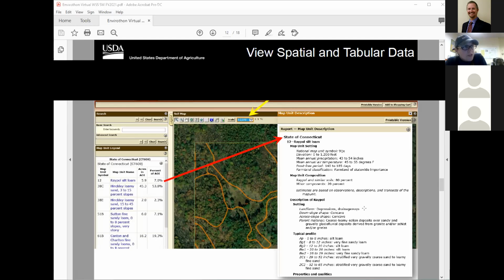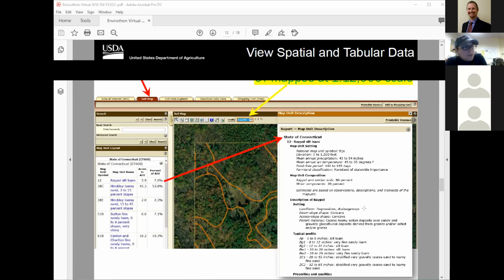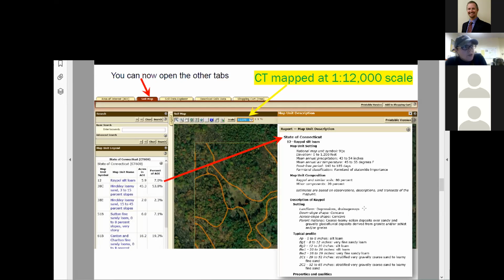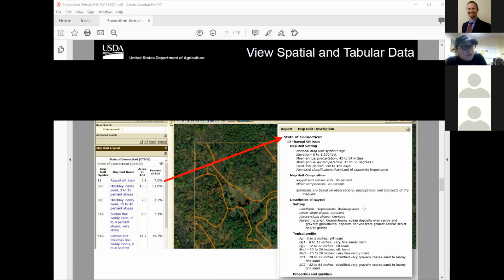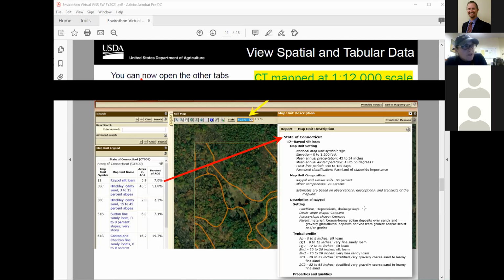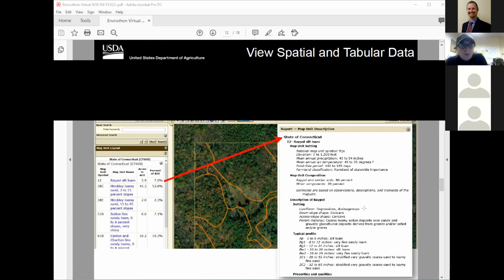Use the map unit description. The Rapel unit is opened up. I go down to typical profile. Yep, somebody said silt loam. So I see my Ap, or the surface, it's 0 to 8 inches, and the texture is silt loam.